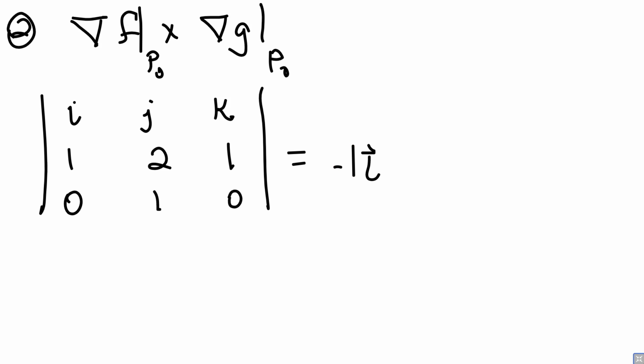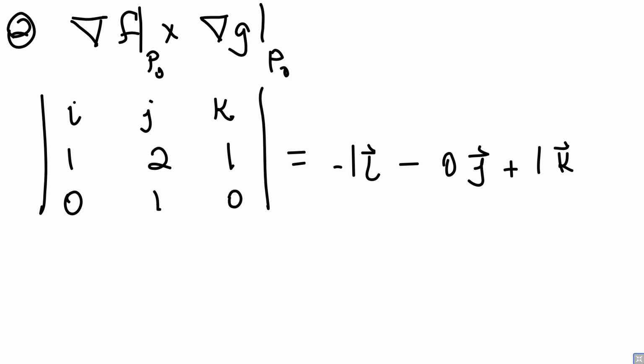Minus, for the j component, it will have a coefficient of what? 0. And then for the k component, it's going to have a coefficient of what? 1.